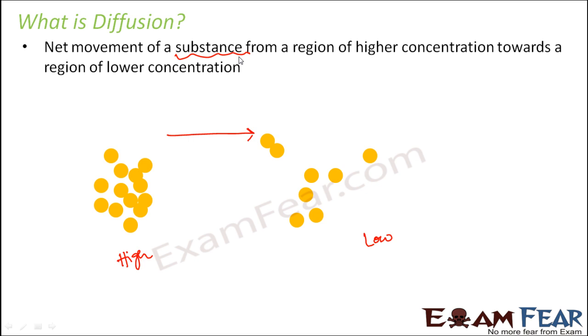Now this movement will not keep on continuing for an indefinite period of time. This movement of the particles will happen only till the concentration of the two media become the same. So this movement will continue till equilibrium is reached. Equilibrium means both the regions are at the same concentration now.